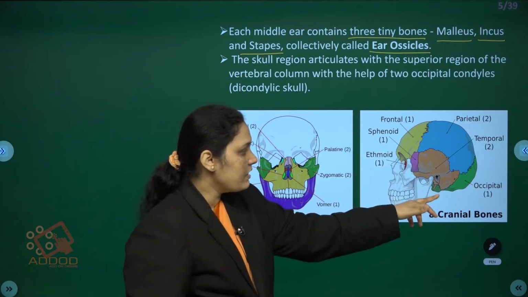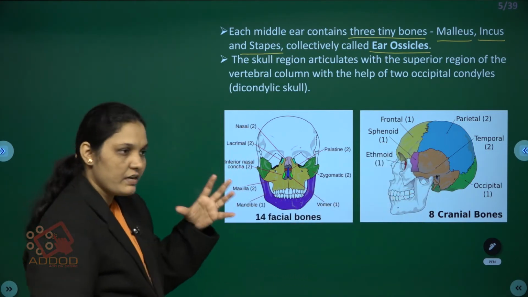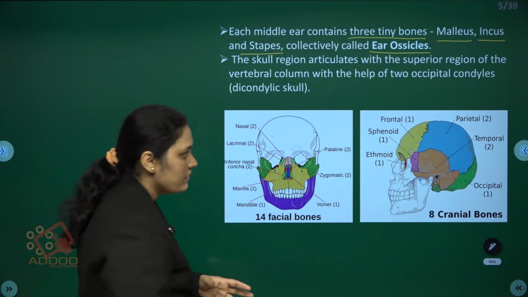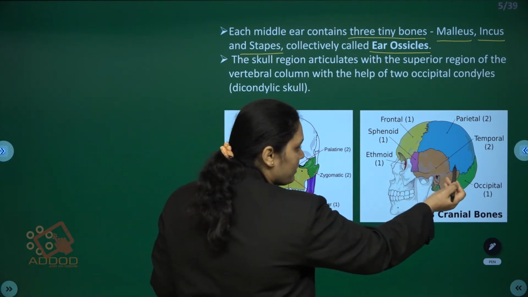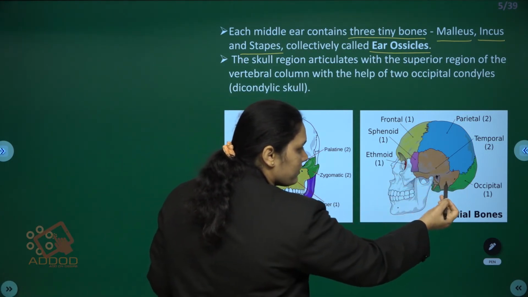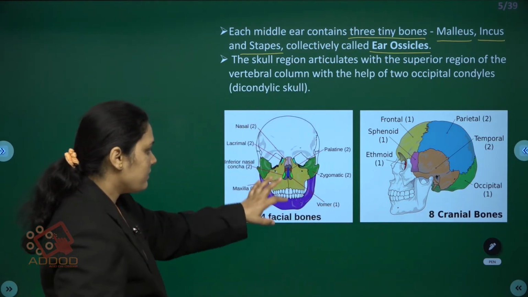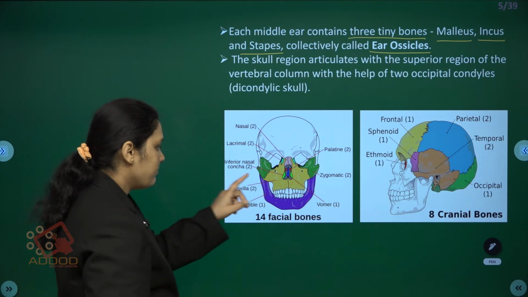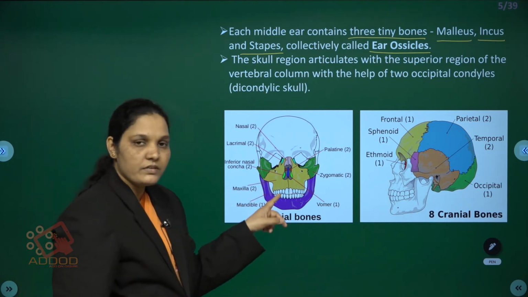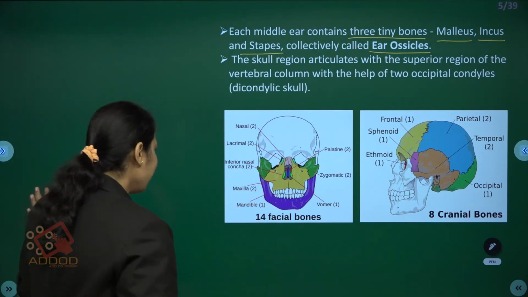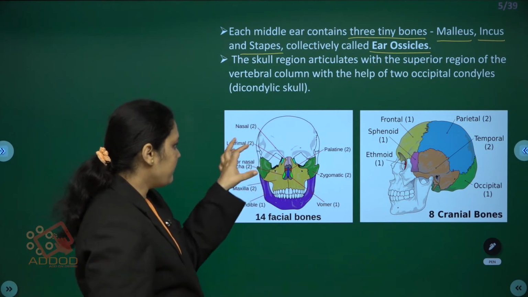These are the 8 cranial bones. Cranium is made up of 8: 1, 2, 3, 4, 5, 6, 7, 8. Total 8 are there. Even here also 14 are there. By seeing the color, you can count it, right? And each one is named.